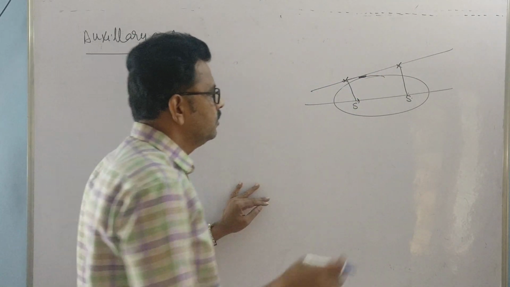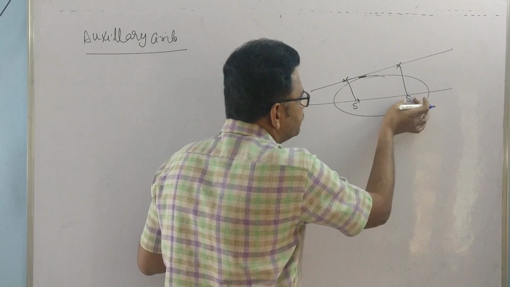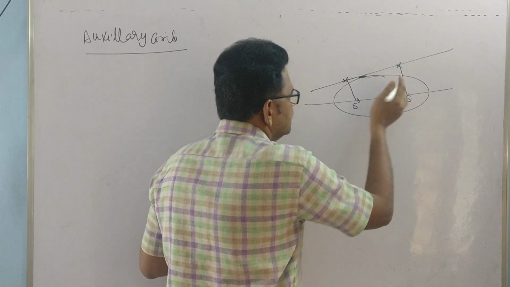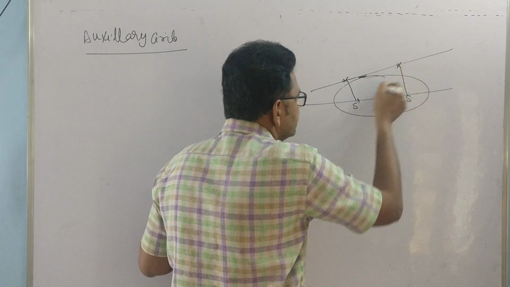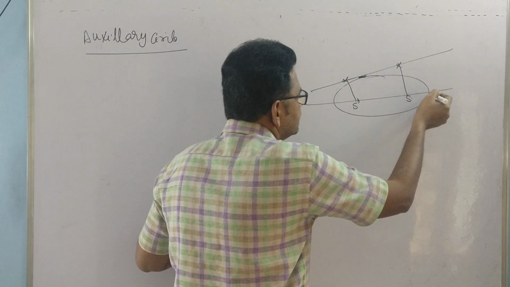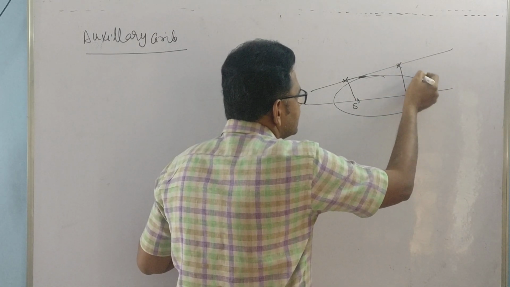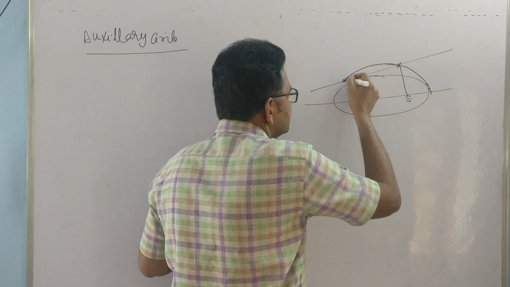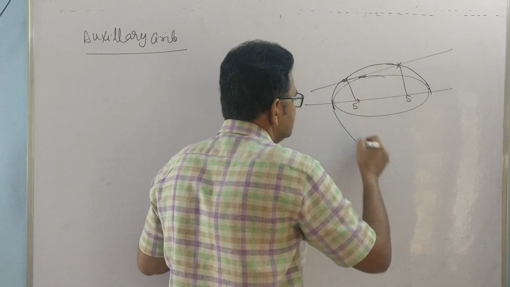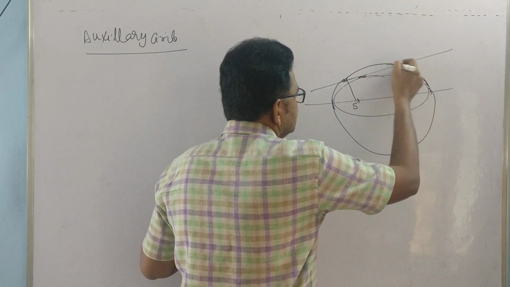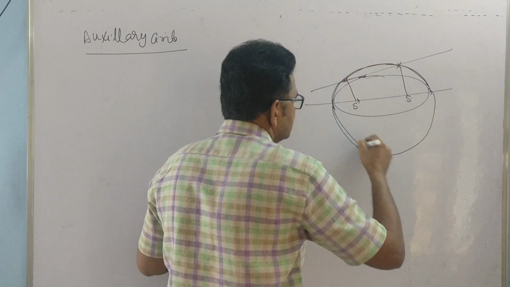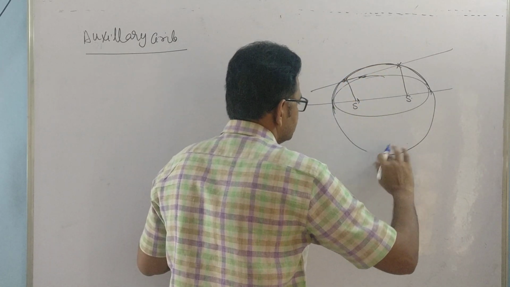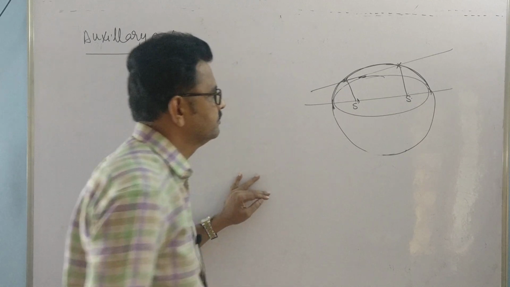Okay. The locus of feet of perpendiculars drawn from foci to any tangent lies on a circle concentric with the given ellipse. This is called the auxiliary circle.